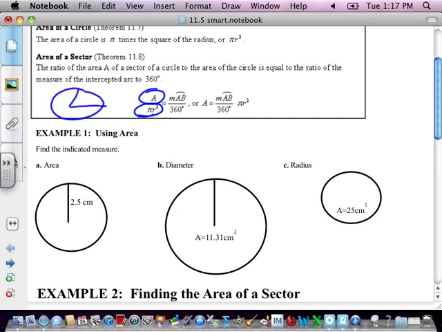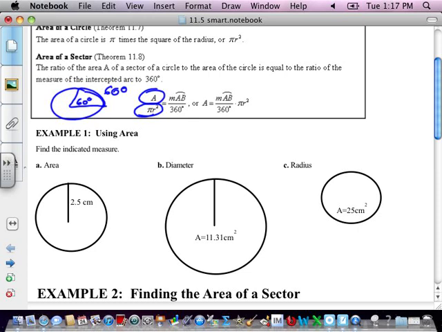So let's say this is 60 degrees. The arc's angle is also 60 degrees because that's what kind of angle in a circle? It's on the center. Central angle is what it's called. Central angles have the same degree as the arc.